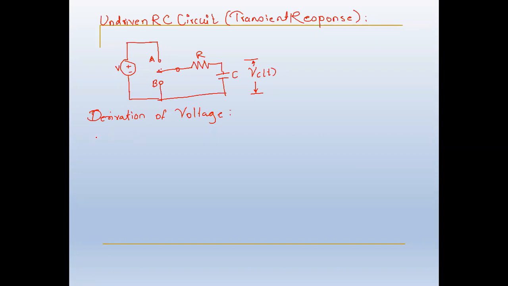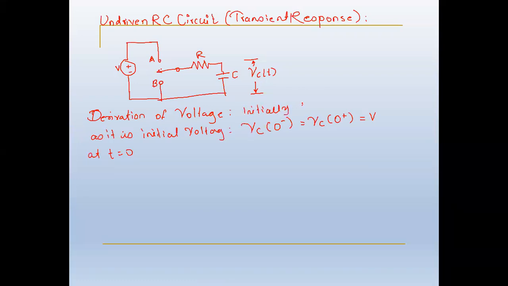So this initial voltage can be defined as Vc of 0 minus is equal to Vc of 0 plus is equal to V. Okay, initially the switch is at position A.